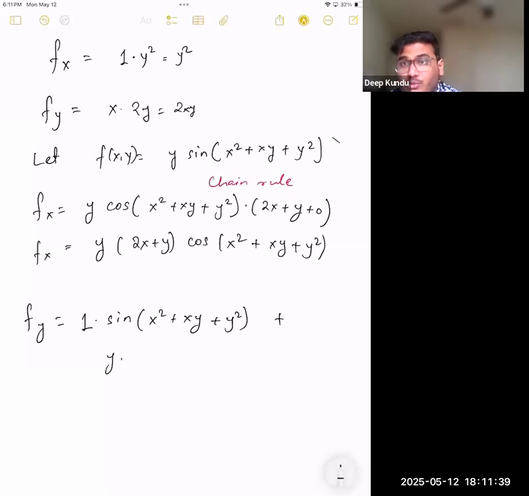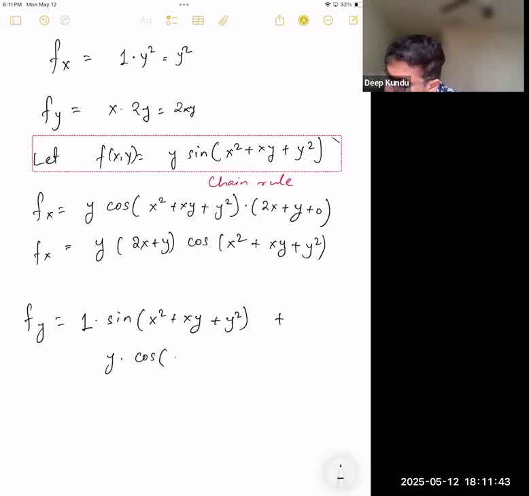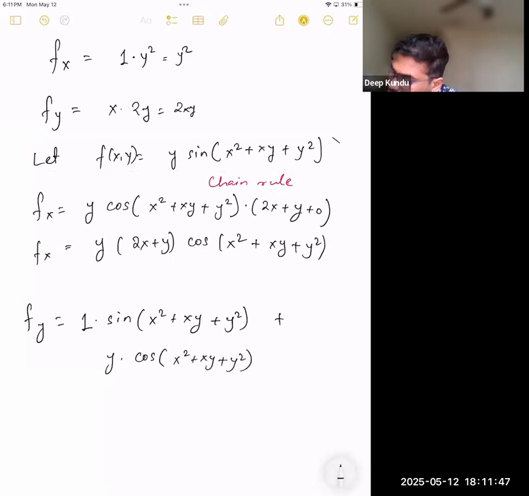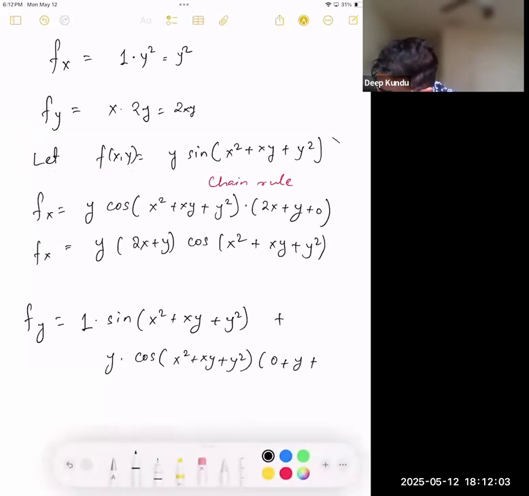So once again, we use the chain rule. So it's going to be cosine of x squared plus xy plus y squared, and then the derivative of the inside, but with respect to y. So x squared is going to give us 0. Then we have x.